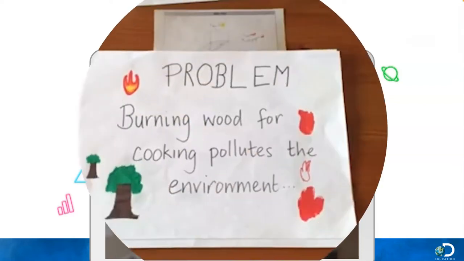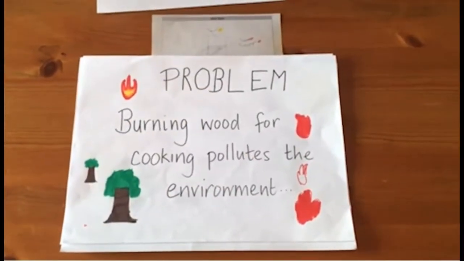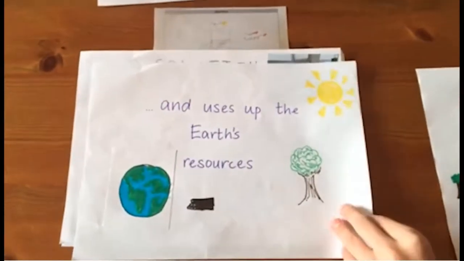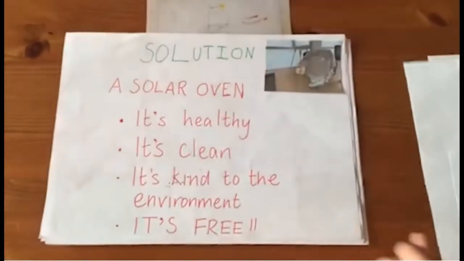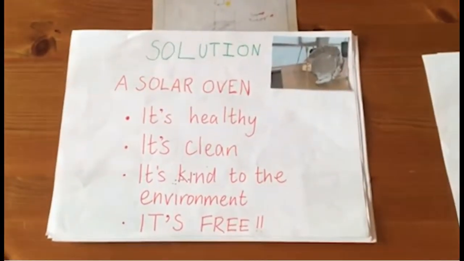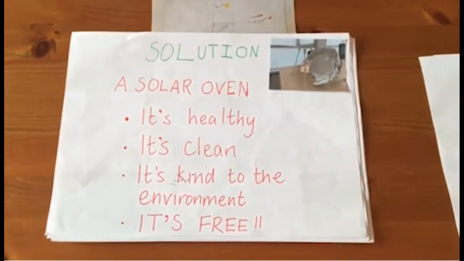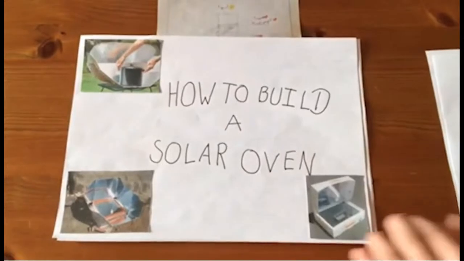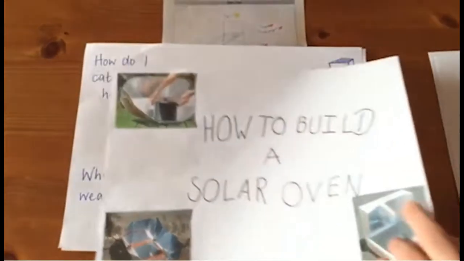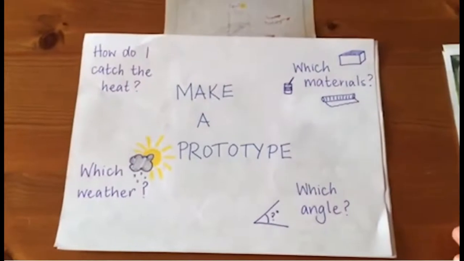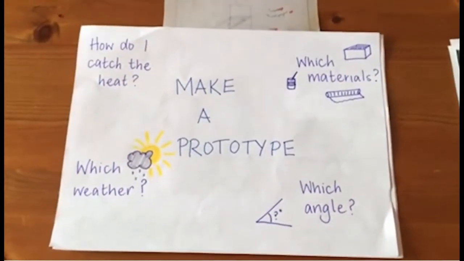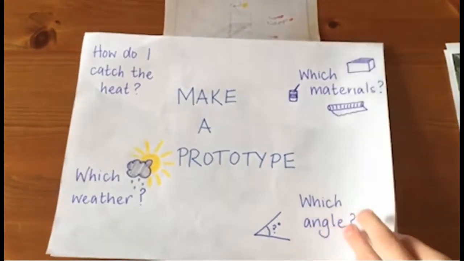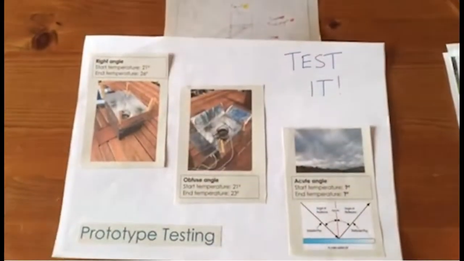Problem: burning wood for cooking pollutes the environment and uses up the Earth's resources. Solution: a solar oven. It's healthy, it's clean, it's kind to the environment, and it's free. How to build a solar oven. Make a prototype. How do I catch the heat? Which materials, which weather, and which angle? Test it.